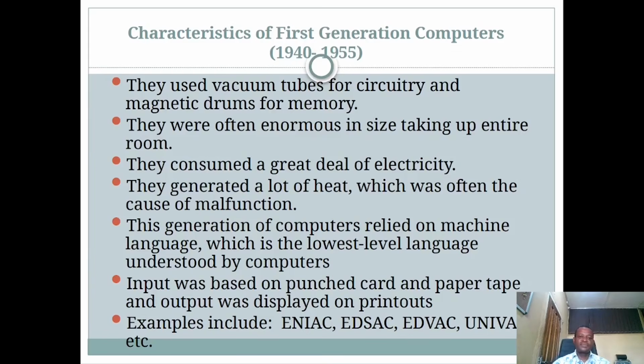Now the second one is the Electronic Delay Storage Automatic Computer, EDSAC. This computer was developed in the UK and became operational in 1949. This was one of the first practical stored program computers.